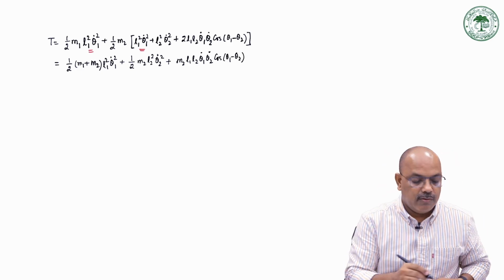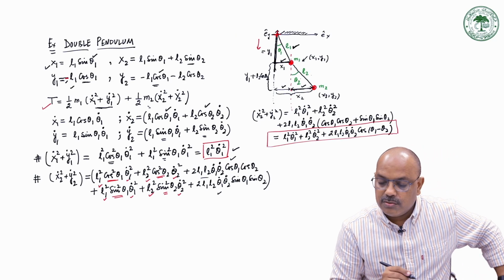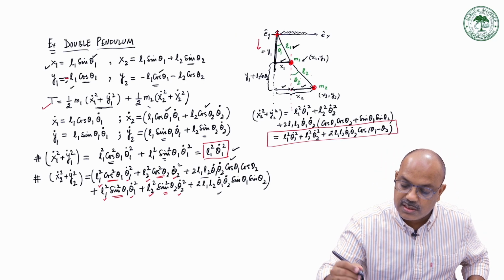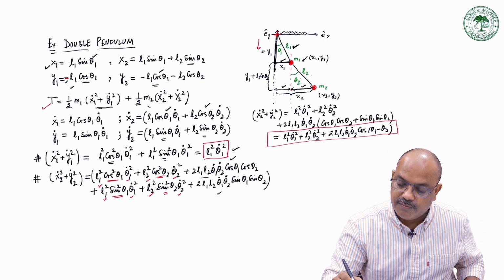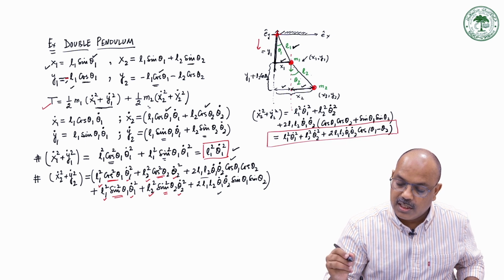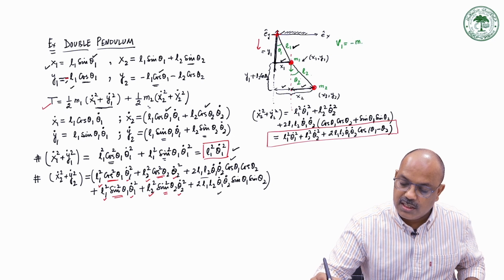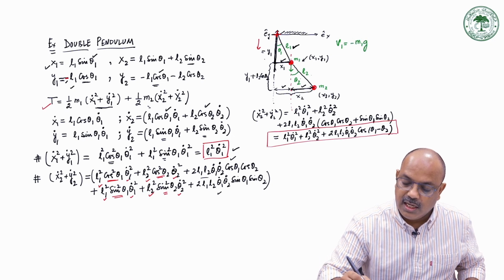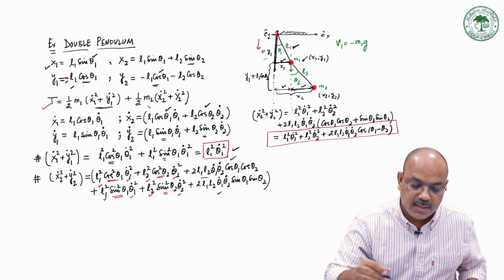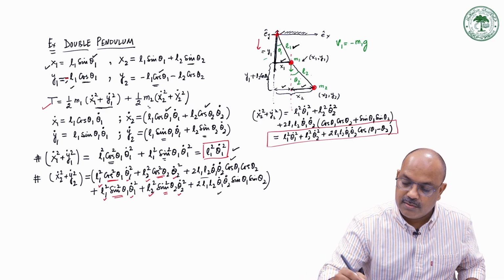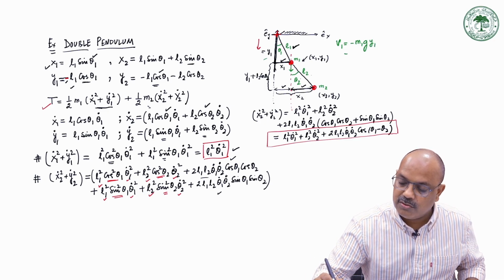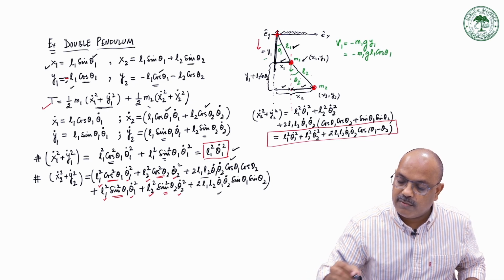Okay, now what about the potential energy? The first one is for this part. V1 is going to be minus m1 g y1, and this is going to be minus m1 g L1 cos theta 1 for potential energy.